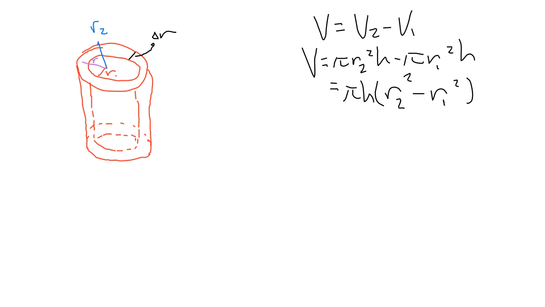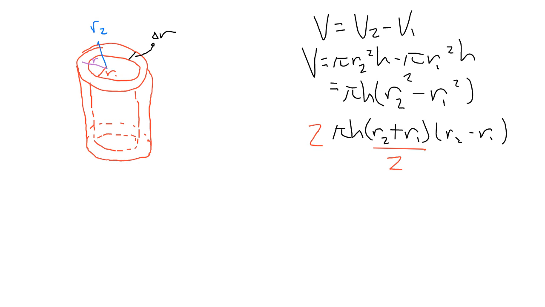But we can see that R2 squared minus R1 squared is a difference of squares. So now we have pi h times R2 plus R1 times R2 minus R1. And then we can also multiply by 2 over 2.